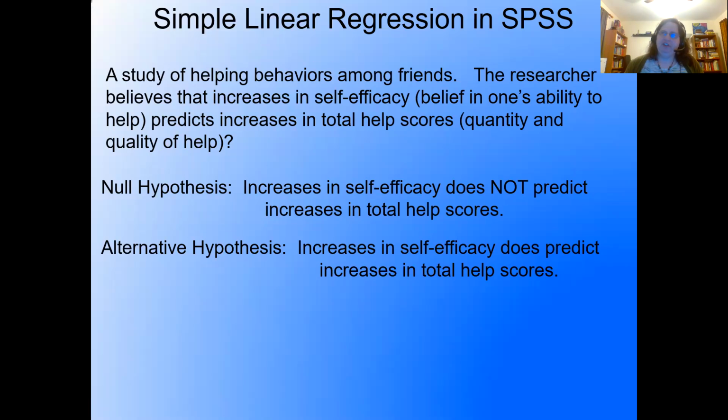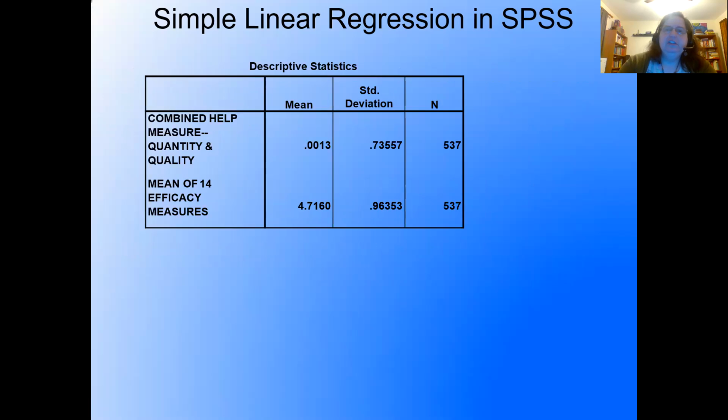We're talking about a direction. Had it said increases and decreases, it would still be one-tailed. It's just that we would expect our slope to be negative. Here we expect our slope to be positive, but if they went in opposite directions, we would expect our slope to be negative.